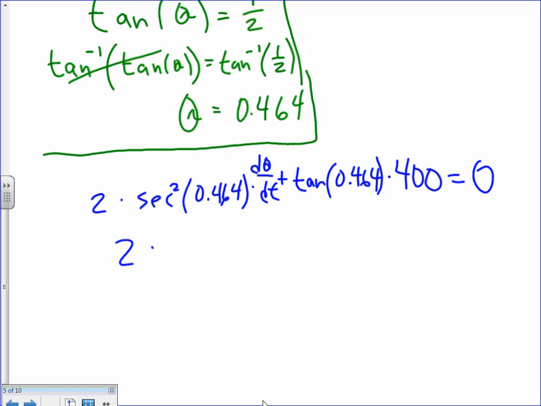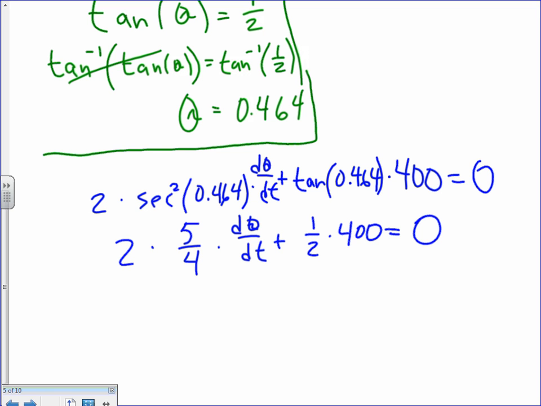I got 2 times secant squared of this thing was 5/4, not 5/2, 5/4 times d theta dt, that's what we're trying to find, plus, now tangent of this thing, think how we got this. Tangent inverse of 1/2 gave us this, so if we did tangent of this, we'd get back to 1/2. I don't even need to type that in. Plus 1/2 times 400 equals 0.